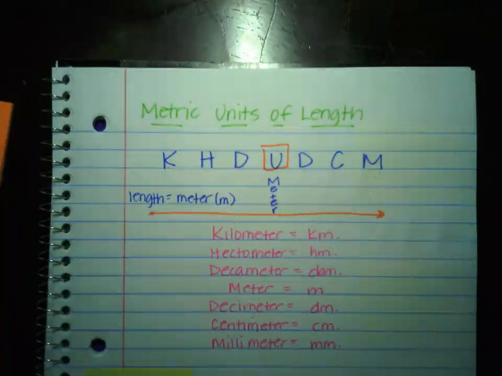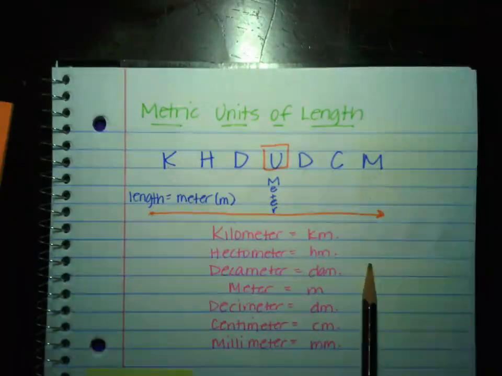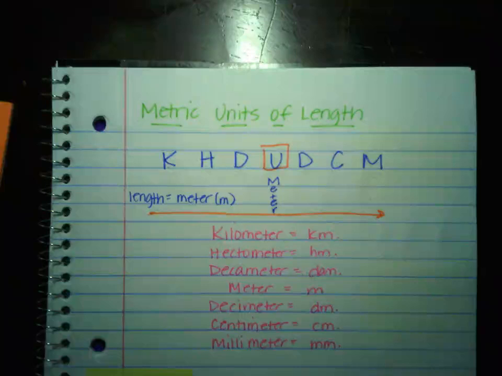The metric system of measurement is a lot like the base 10 block system. If you think back to the beginning of the year when we did powers of 10, when we multiplied and divided by tens, hundreds, and thousands, you're going to use those concepts in this standard.